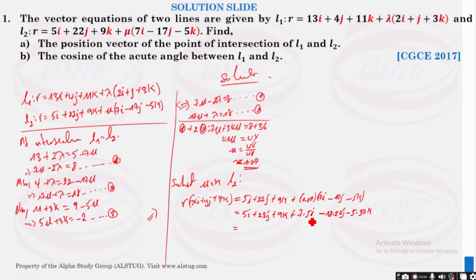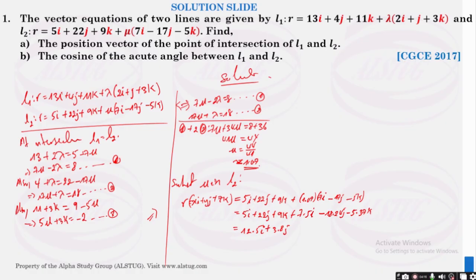So 5 plus 7.5, that's 12.5i, and then we have 22 minus 18.2, which gives us 3.8, so we have plus 3.8j, and then 9k minus 5.37.